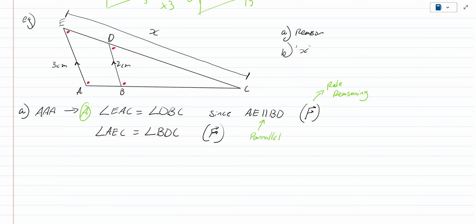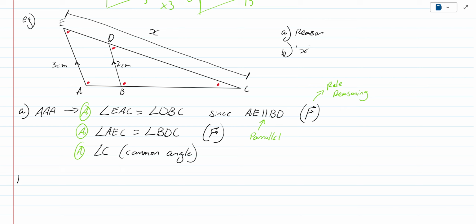Since we have those two angles being the same, then we can automatically assume that angle C is also going to be the same. And in this case, it definitely is, because C is a shared angle. So for our second reason, we had the F rule. In our third, angle C is a common or shared angle. And that's all the proof we need.